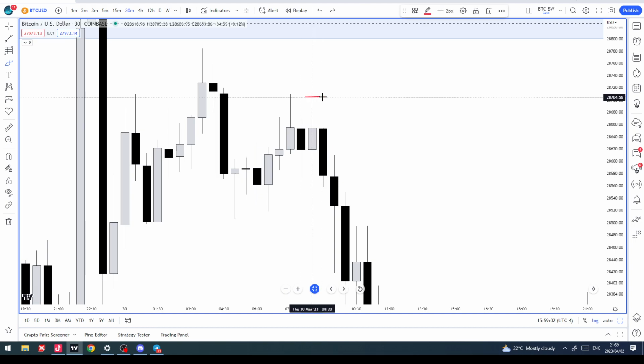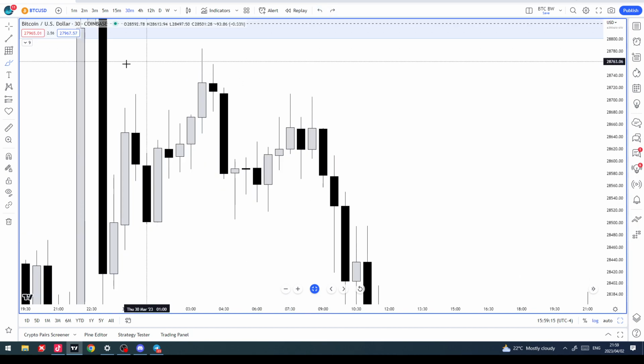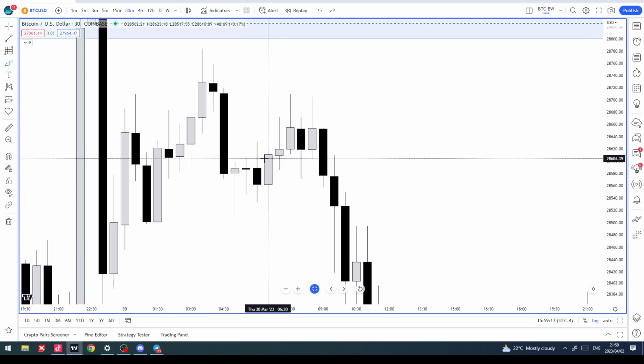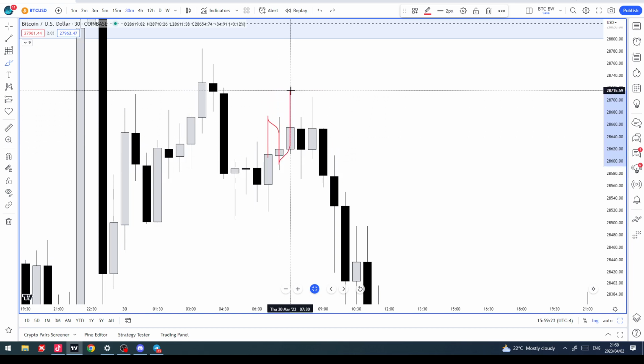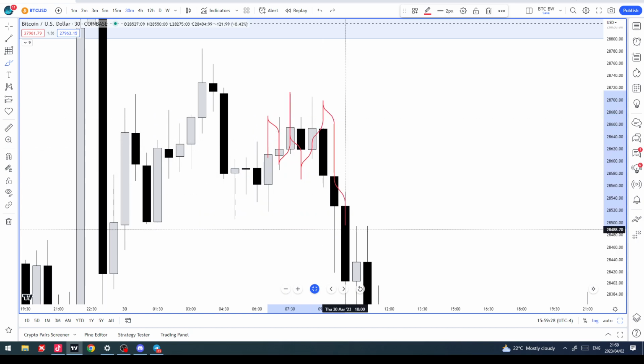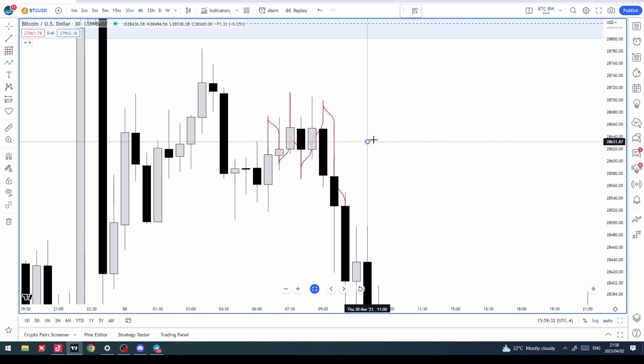This was another entry. This should never come above this because of the CSD created here. What else is it if you look at it? It's accumulation. It's a failure swing. It's your open liquidity run. It's your push. It's your retrace. It's your continuation. Now, better put, it's this.